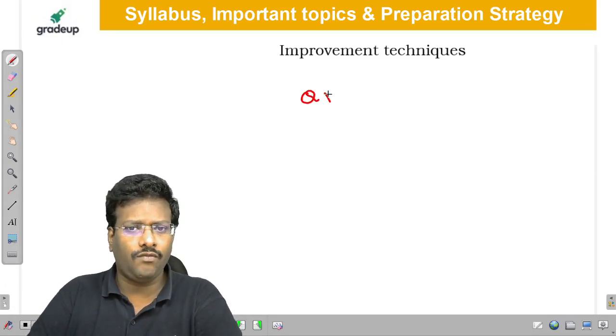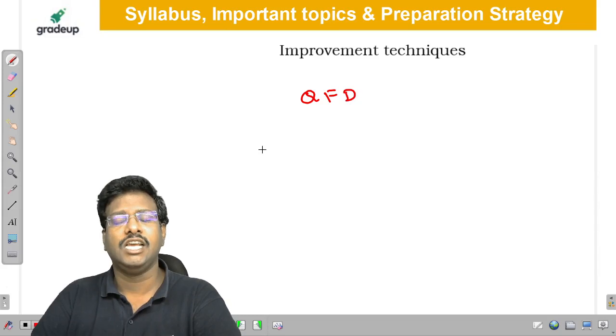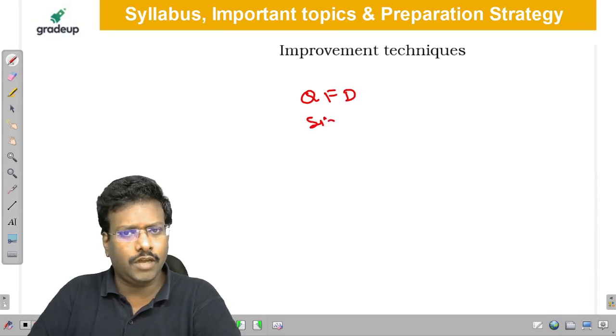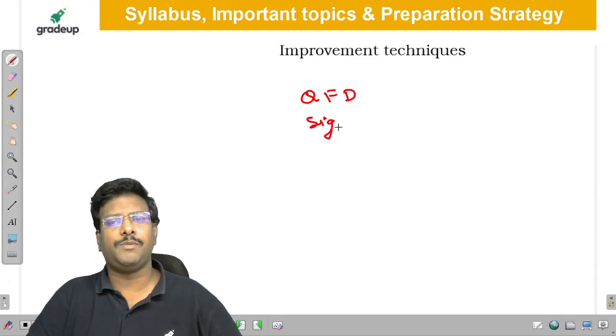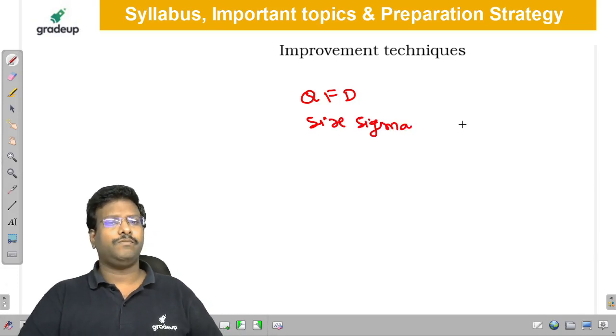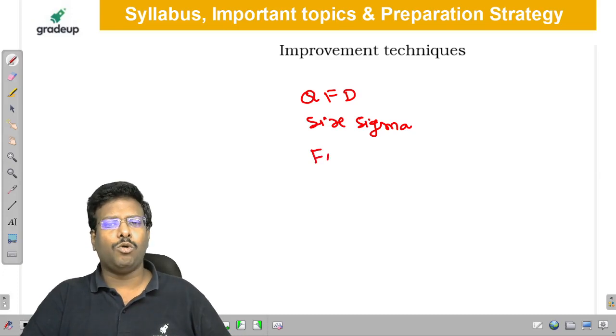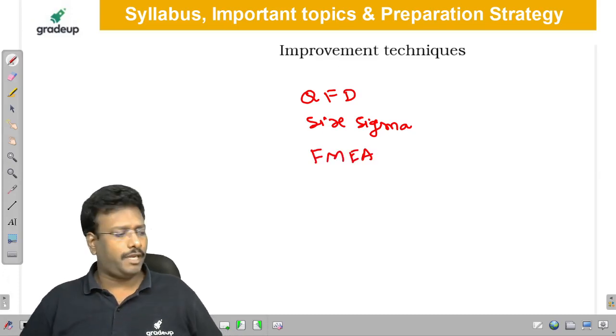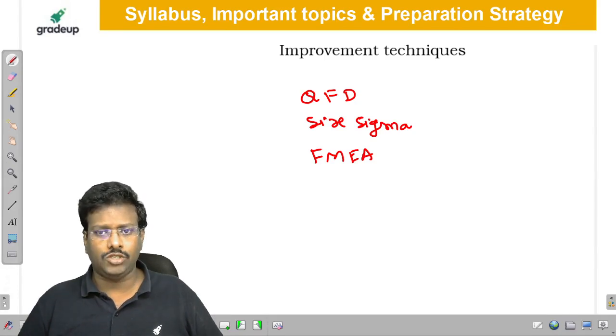That is quality function deployment. Similarly, majority of the people can observe six sigma limits and failure mode effect analysis. From these we can expect questions in the examination, my dear friends.